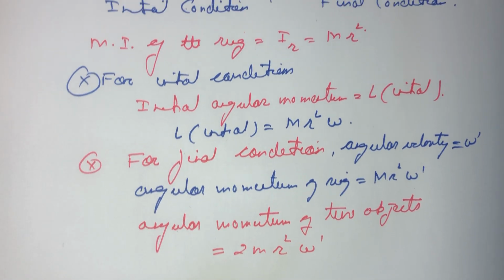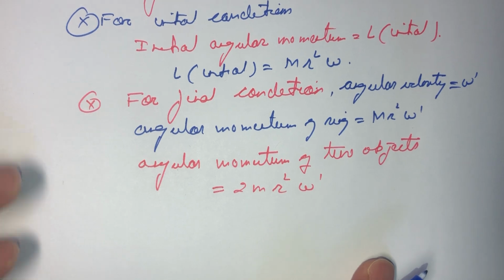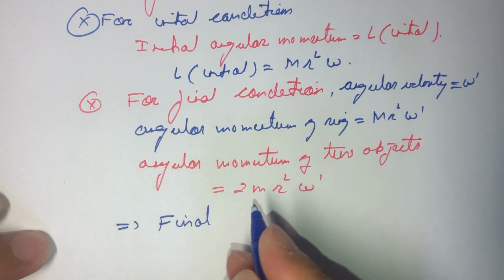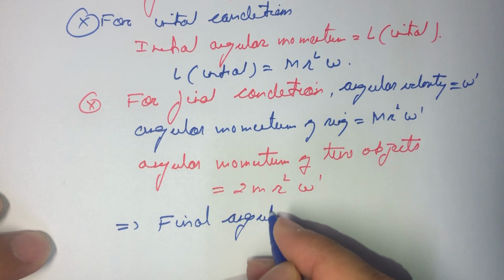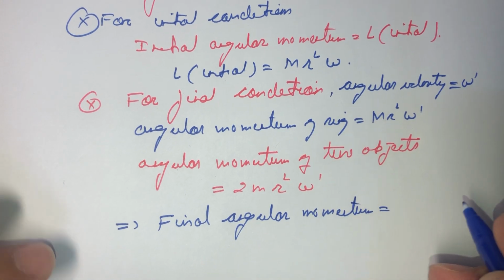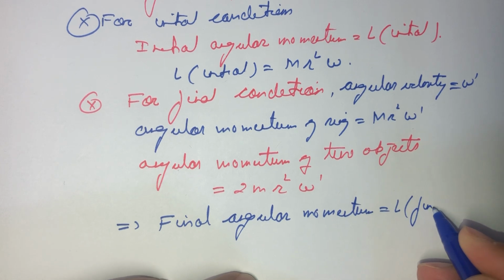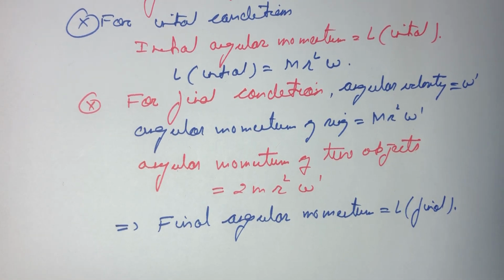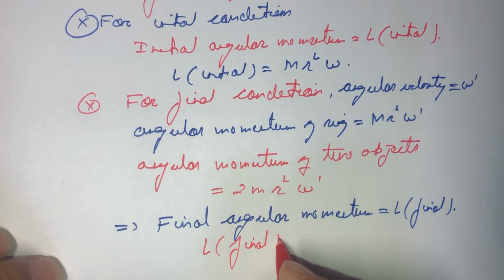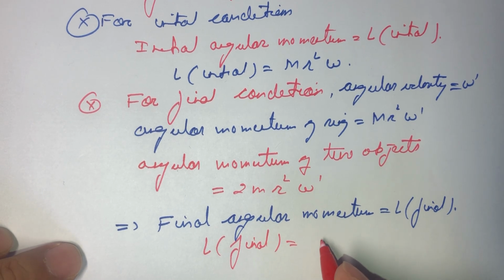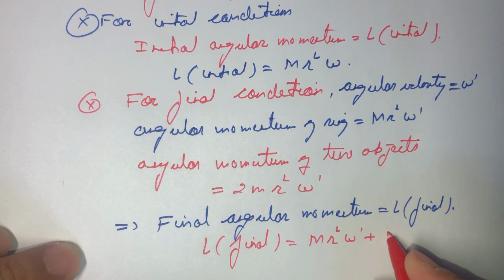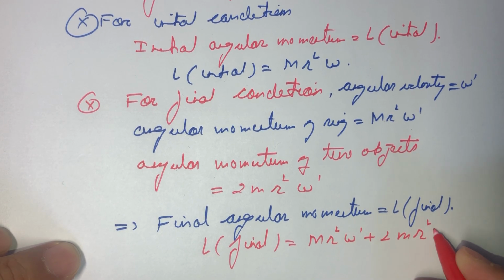Therefore, we can say that the final angular momentum, let us denote it as L final, will be equal to M r square omega prime plus 2m r square omega prime.